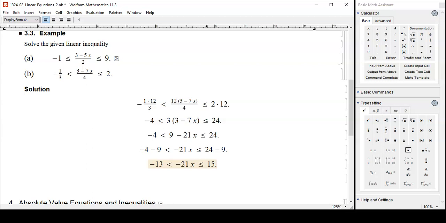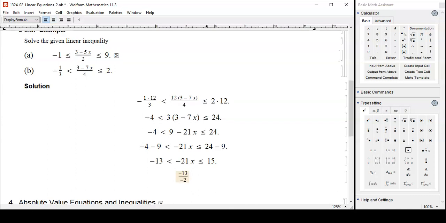Okay, now divide by negative 21. Negative 13 over negative 21, x, 15 over negative 21. I'm dividing by negative numbers, so the direction of the inequality is changed.